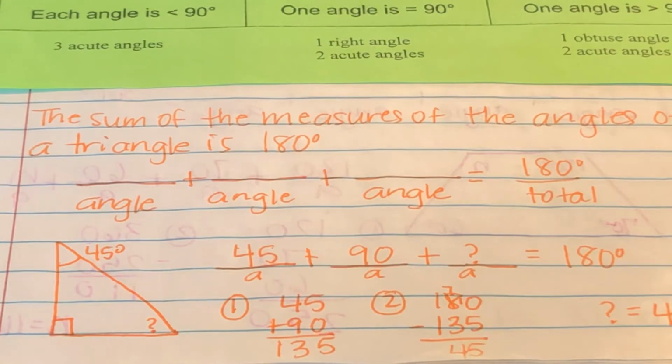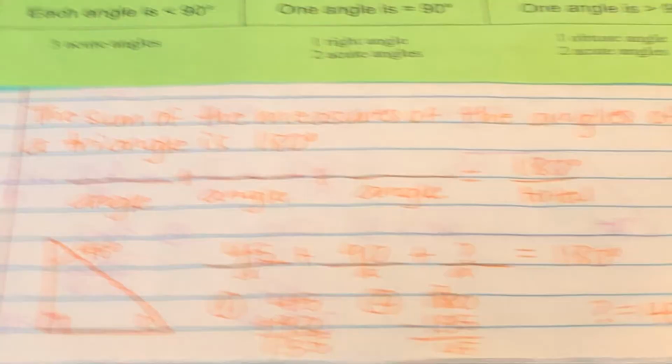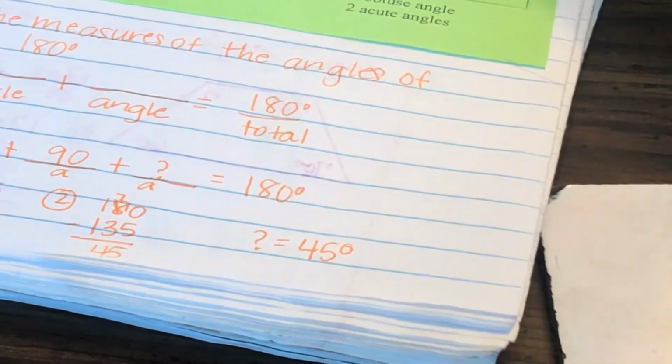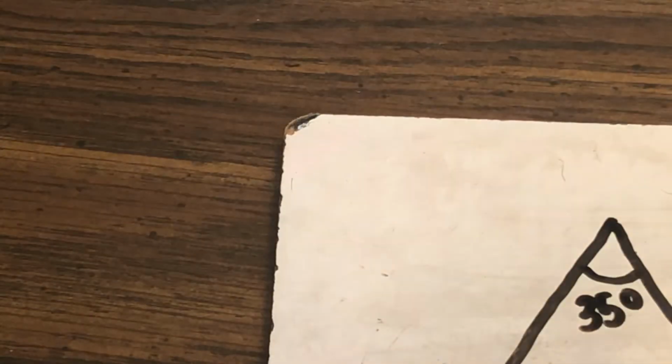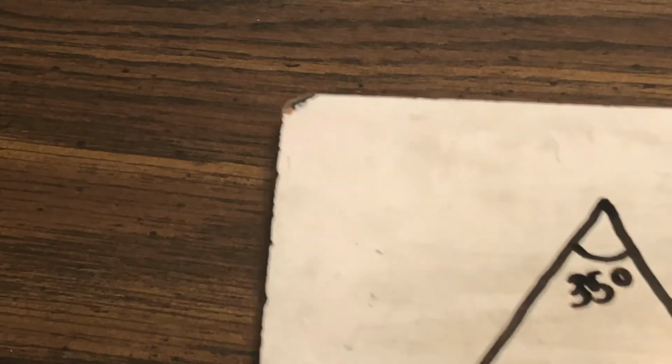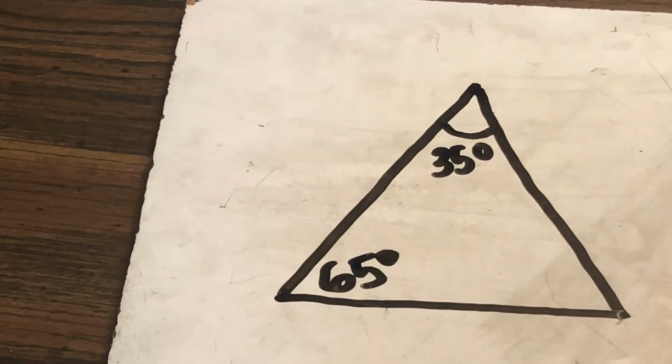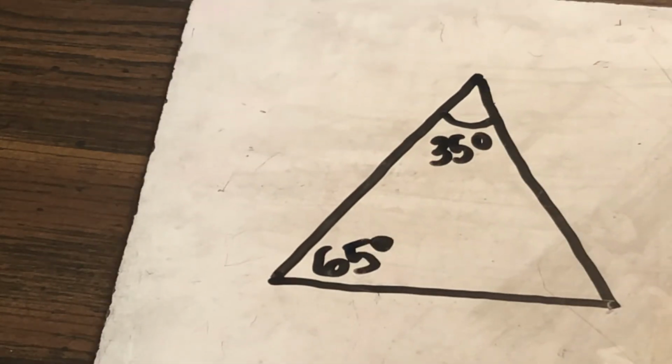All right, so let's take a look at another example here. If I had this triangle here and I needed to know what's the missing angle. I have a 35 degree angle at the top, I've got a 65 degree angle, and I need to figure it out.